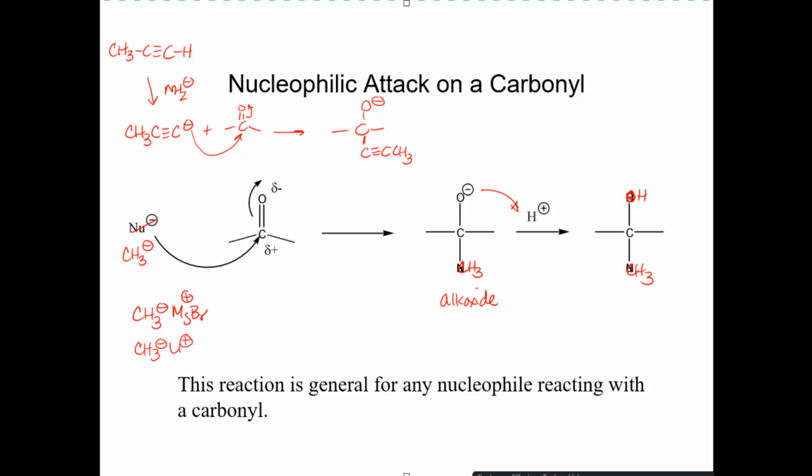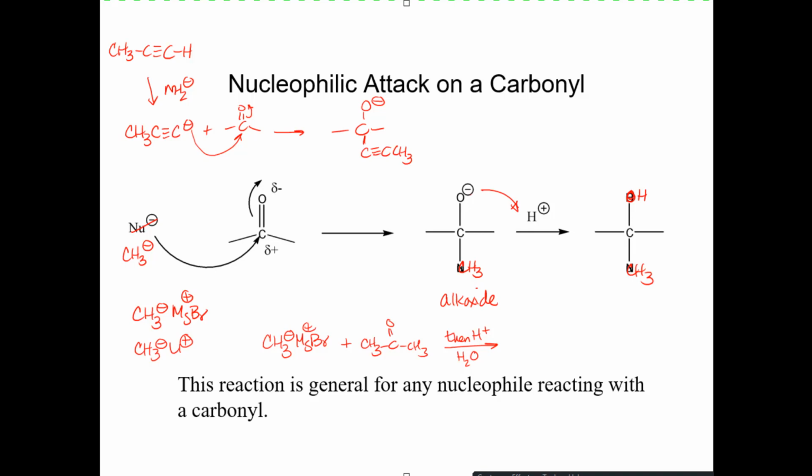So typically these reactions are set up so that I would say I'm going to react CH3 minus MgBr plus with something like acetone, and then I always say then H plus. Or sometimes you'll see then H plus H2O. So we react the Grignard first with the carbonyl, and then we add H plus to it. So these are two distinctively different steps.